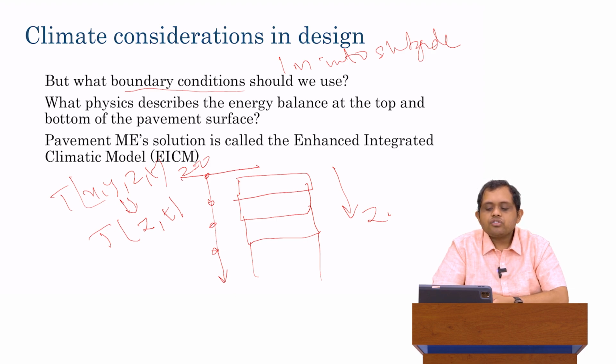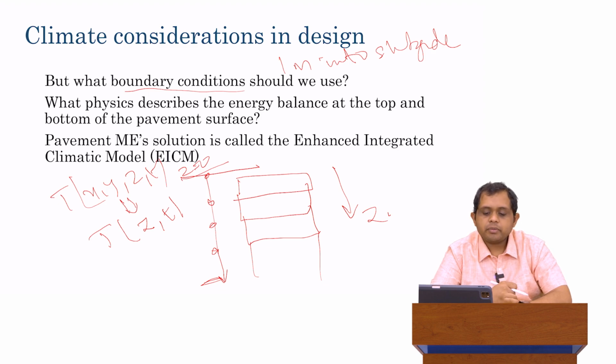So at z equal to 0 and at z, which ends at 1 meter of subgrade, so it's the sum of all the thicknesses plus 1 meter for the subgrade, we would like to specify certain boundary conditions. What are the appropriate boundary conditions that should be specified for JPCP pavements?